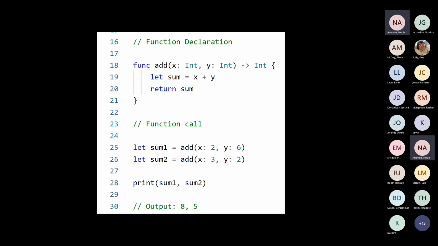So anytime you type in print, open and close brackets, all you're doing is what we call a function call. You're calling on that piece of code in the hood of Swift to please perform that operation. This has been created by the original creators of the language. Now we can also create our own functions, and that's what's happening here.